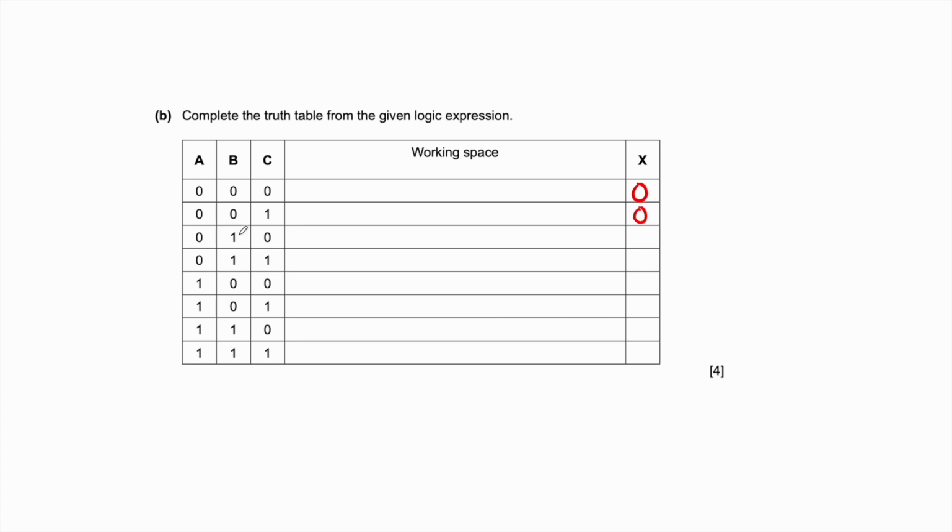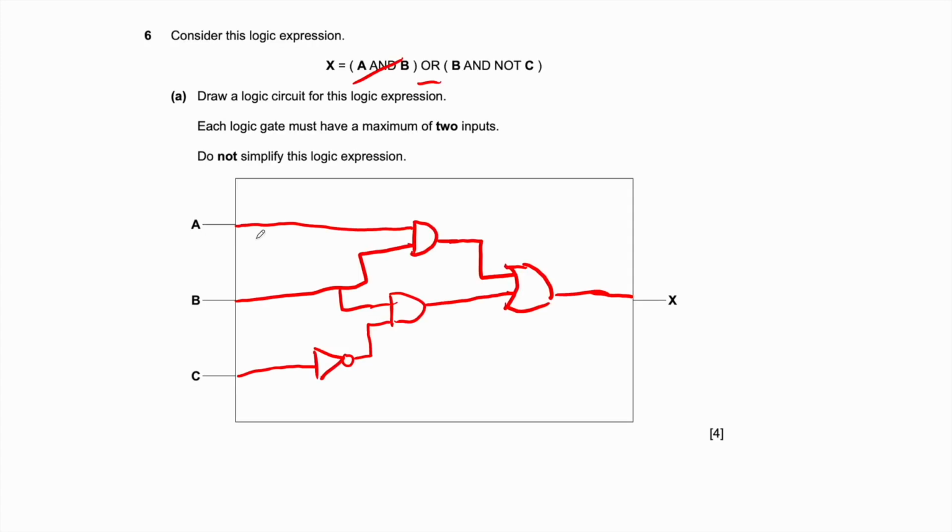Right, here we've got nothing for A, something for B, and nothing for C. So if we come back, we've got nothing for A and something for B, which is going to give us a 0 out of here. We have something for B, and we have nothing for C, but the NOT gate on C is going to produce a 1. If 0 goes in, a 1 will come out.